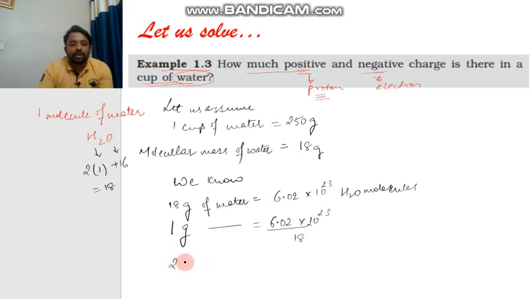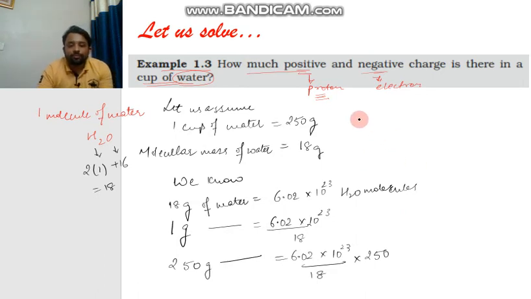So we have to find out the number of molecules in 250 gram of water. So it will be 6.02 into 10 raised to power 23 upon 18 multiplied by 250. So this is the number of molecules of water in 250 gram of water.